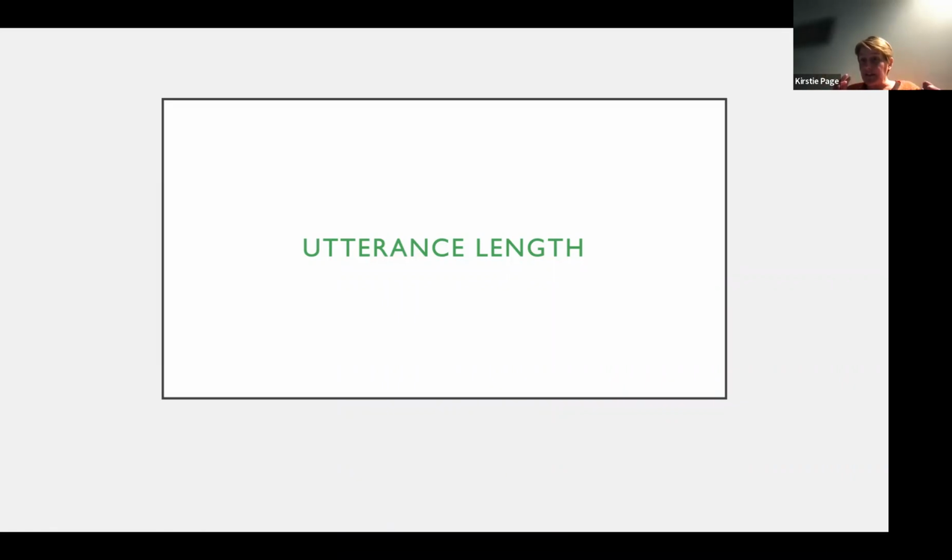One is their vocabulary. One is their utterance length, and the other is their grammatical structure, which we're going to come to in a few minutes.